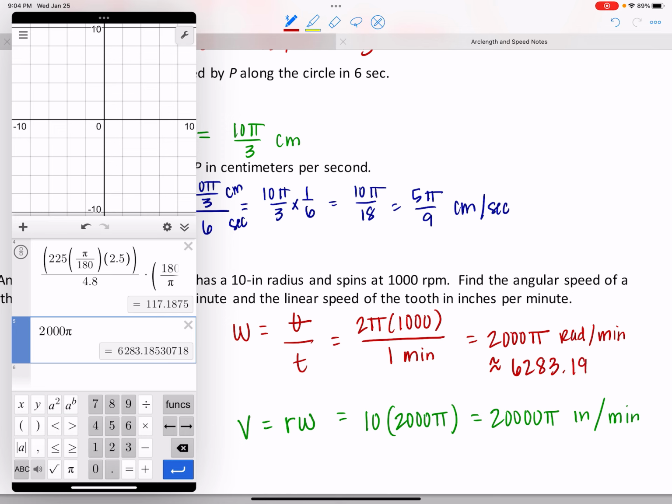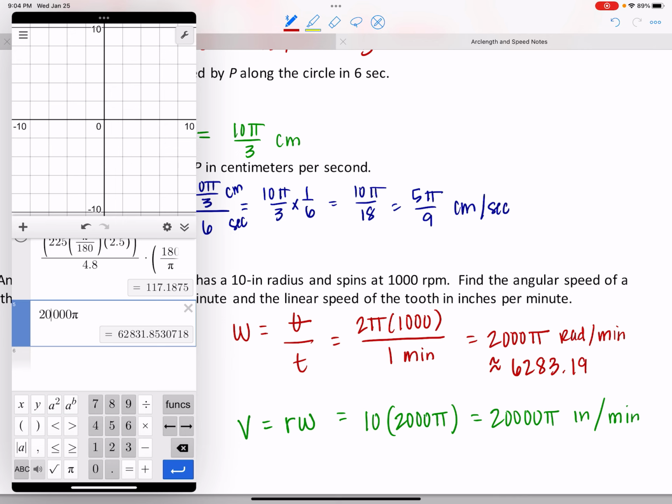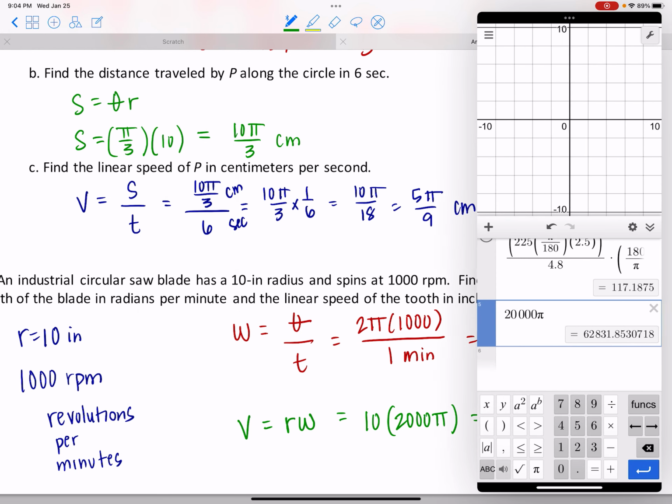And then the next one, if I just add a 0 in here, it basically just moves the decimal. So 62,831.85. It's really the 9 here, but unrounded. So I can go to the hundredths place again. Okay, so there it is.